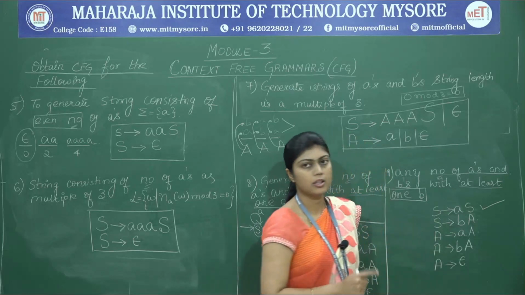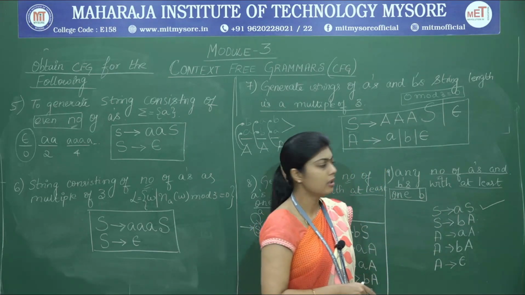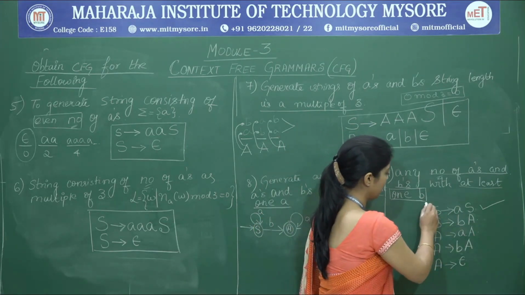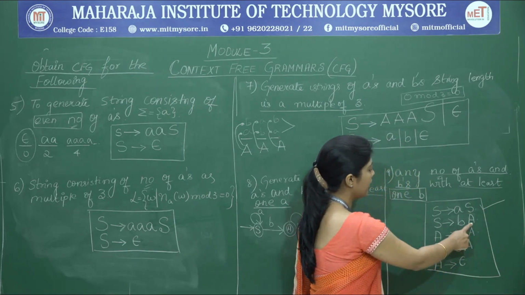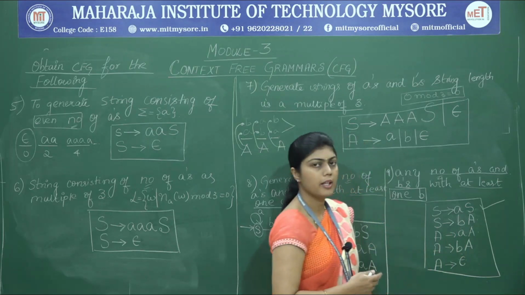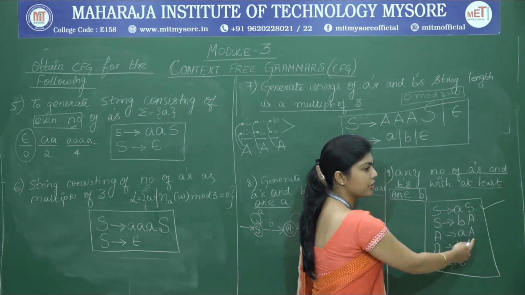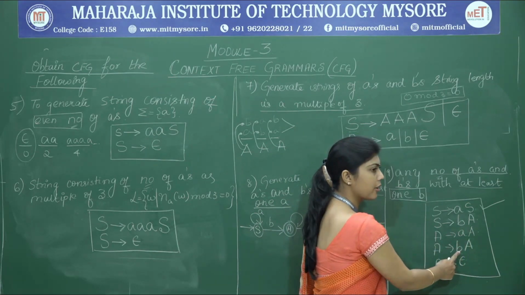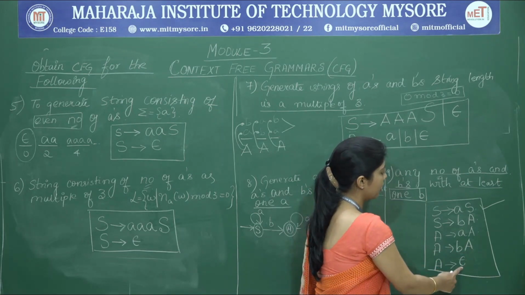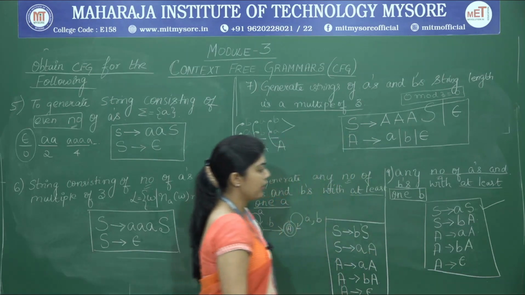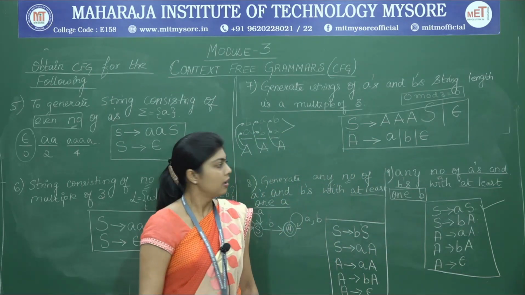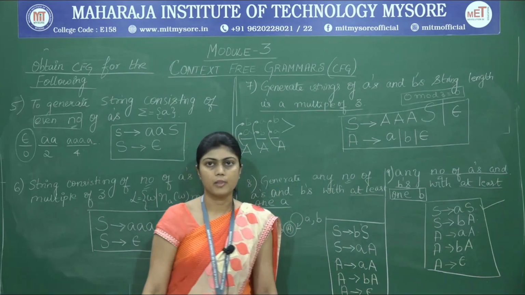So we are making sure that there is at least one B in the string that we are going to generate. And further, A can produce any number of A's and B's. So recursively it can produce any number of A's, recursively it can produce any number of B's, or it could stop with a epsilon. So this is how we write the rules for the grammar for the problem 9.